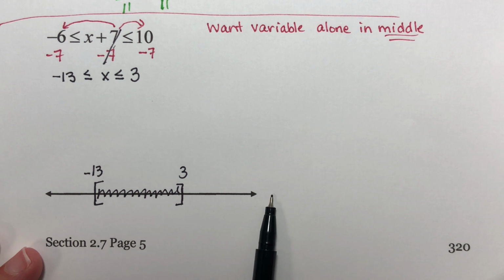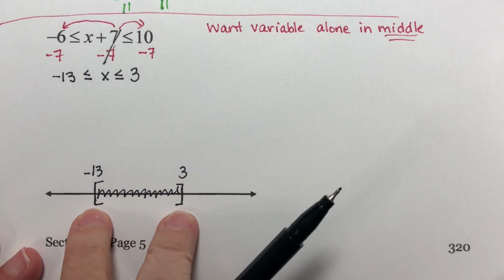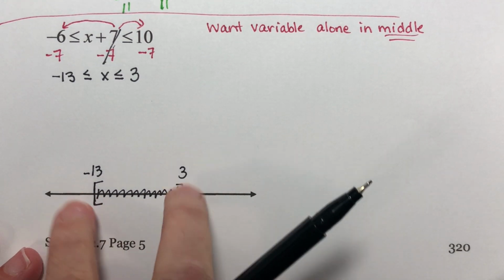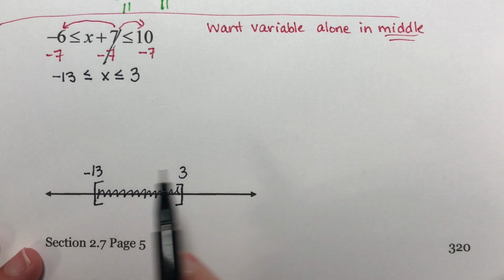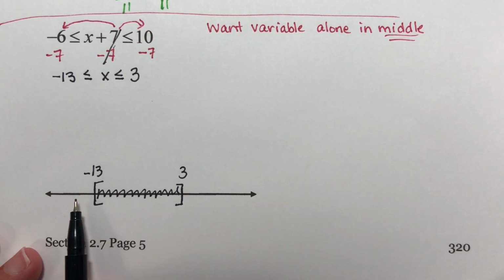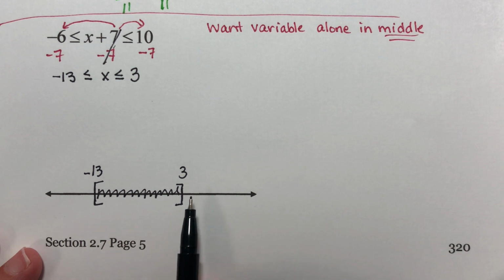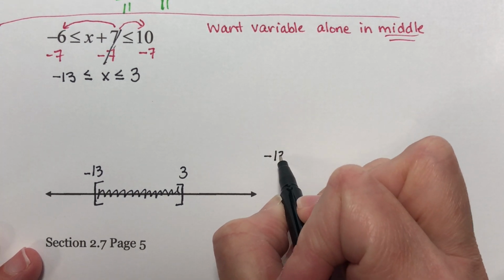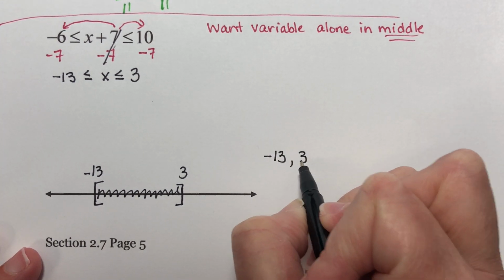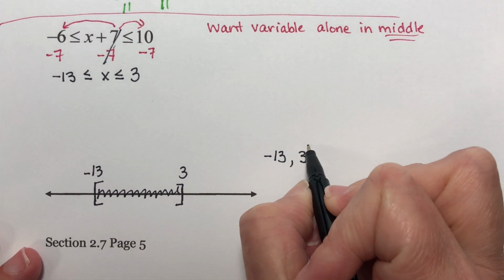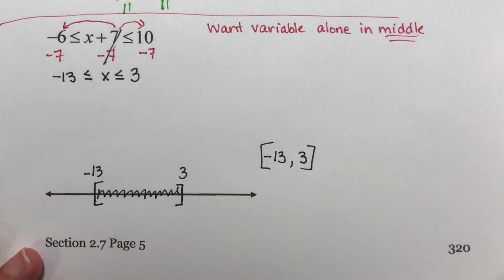There's no infinities involved. It's what we call bounded. You don't have to know that, but it is bounded. Now for interval notation, it's always your left-hand bound, comma, your right-hand bound. So negative 13, comma, 3. These are both brackets. This is also both brackets.